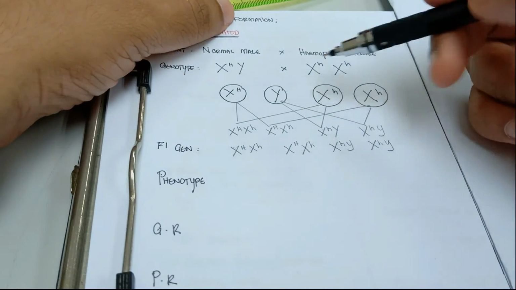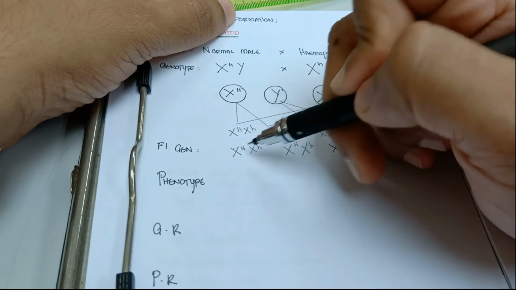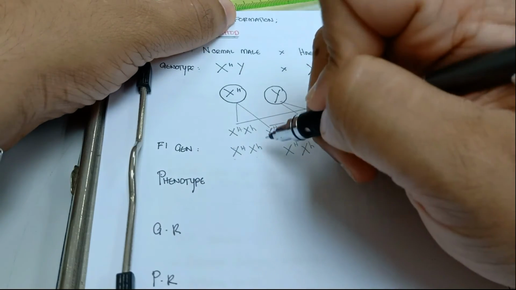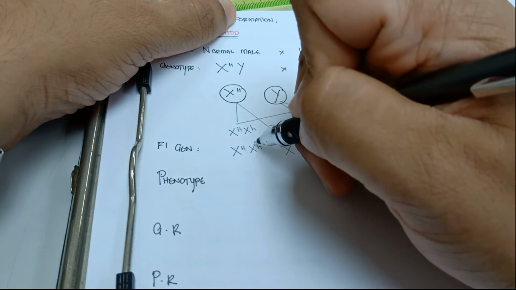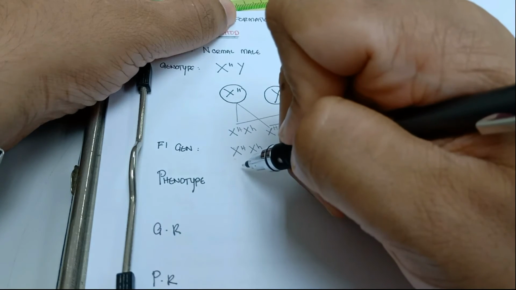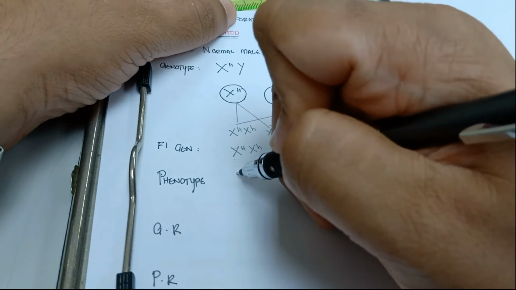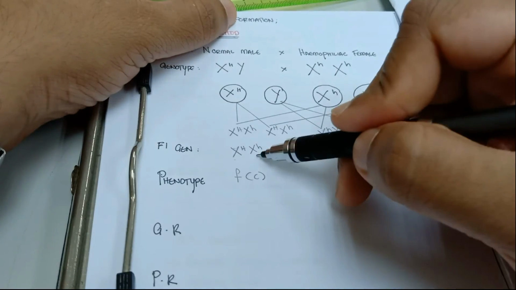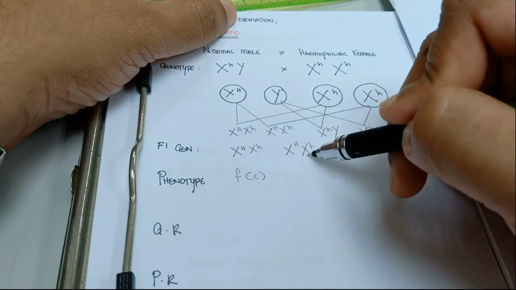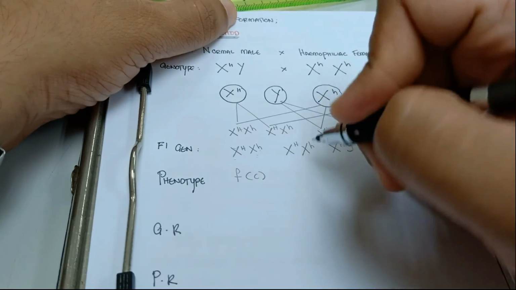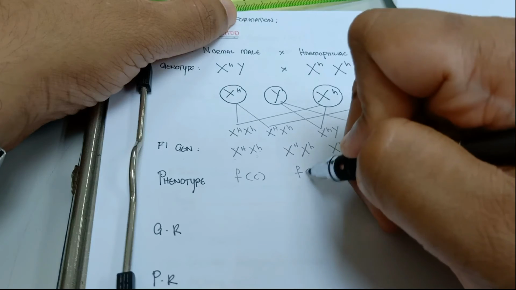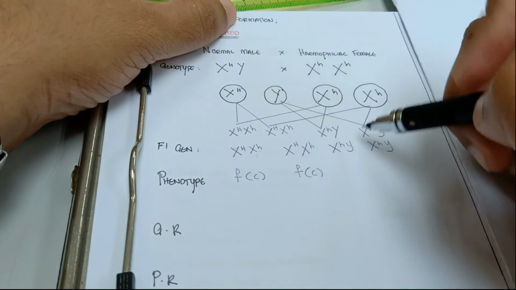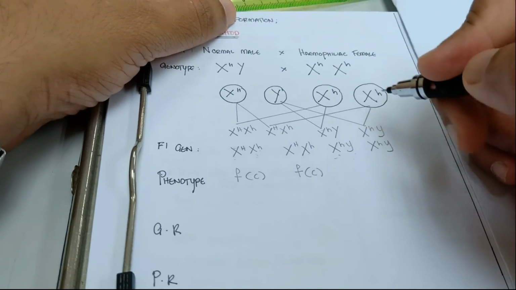Okay, now let's look at the phenotype. Let's discuss the phenotype. This is both X, so it's female, and it has one lowercase h here, so it is a carrier. So female carrier, the first one. Second one, it's almost similar. Okay, it is similar, so it's also female carrier. Now XY means it's male.